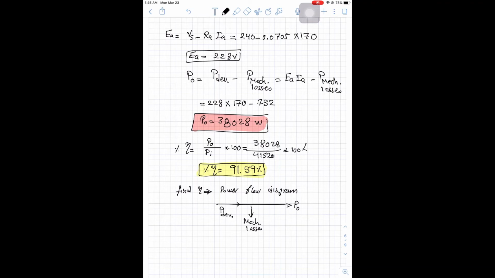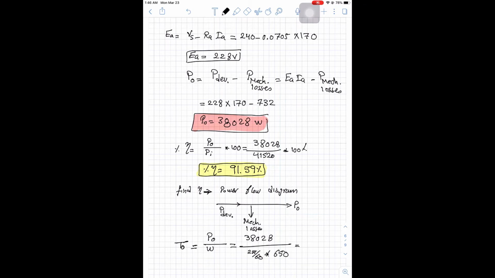Now what if you are asked to calculate the output torque? The output torque is simply P out divided by speed. So P out is 38028 divided by the machine speed, which is 2 pi over 60 multiplied by 650, given in the question.